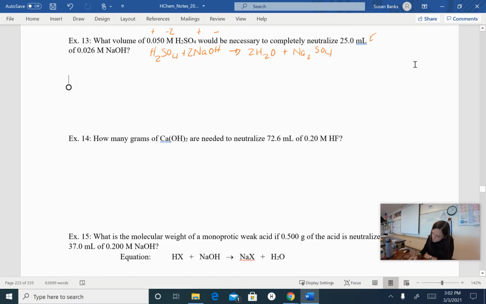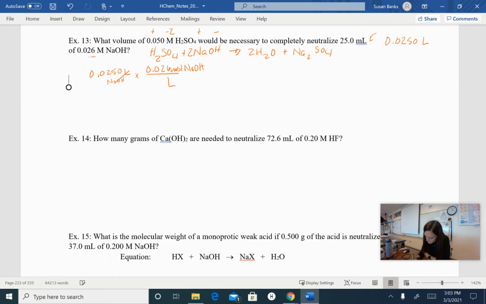Okay, so this is going to be 0.0250 liters. So I'm going to start with that of sodium hydroxide. Now I've got this concentration. That means I have 0.026 moles of sodium hydroxide in 1 liter.